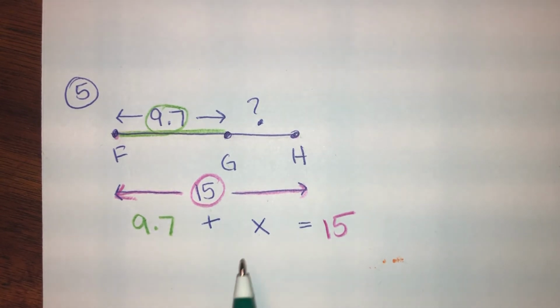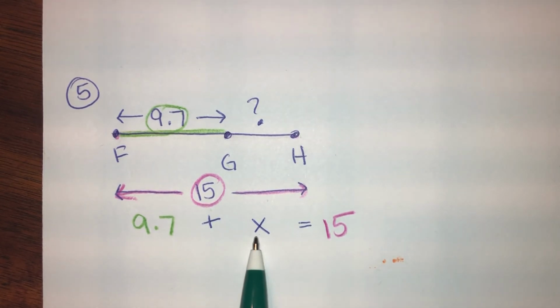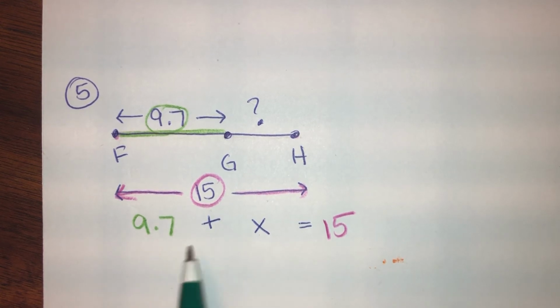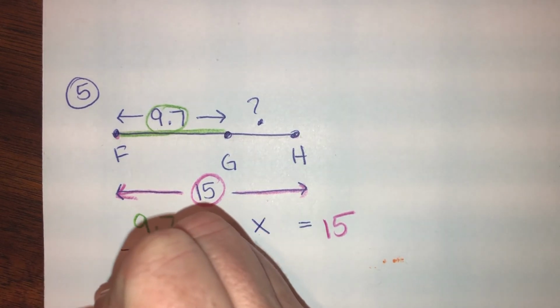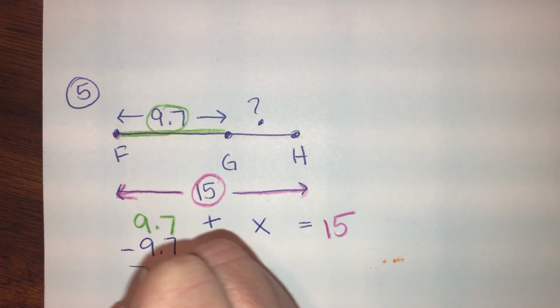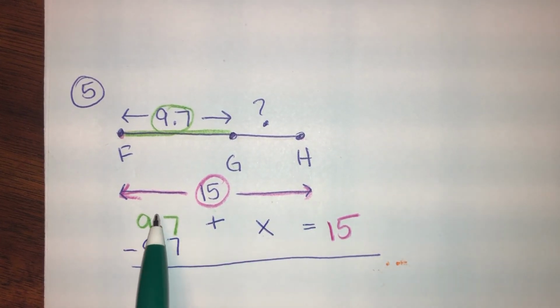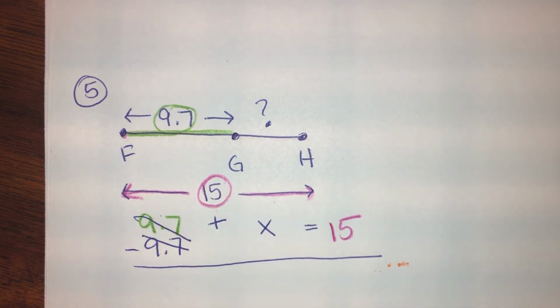I'm solving for X. I'm trying to get X alone. Right now, since it's X plus 9.7, I want to get rid of the plus 9.7. To make it go away, I'm going to do the opposite. Instead of adding 9.7, I'm going to subtract 9.7. Then I'll have 9.7 minus 9.7, which is just 0. These will cancel each other out.